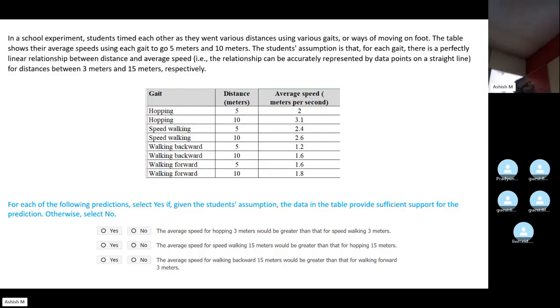All right, guys, let's start. I'll give you 2 to 3 minutes to understand this.